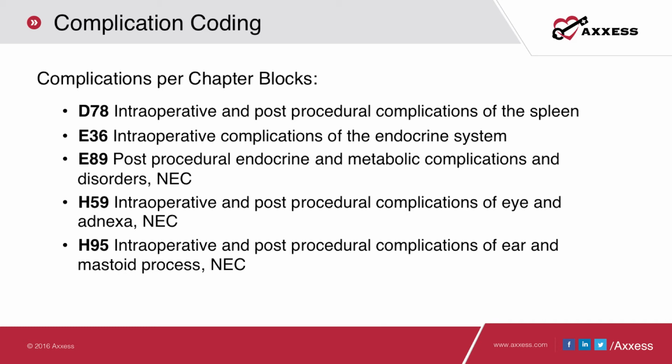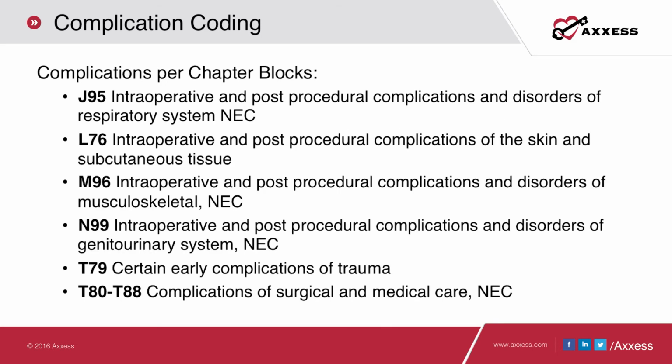I just want you to see that each chapter does have a section of intraoperative or post-procedural complications of that body system. As you can see on this slide, we're going through the rest of the chapters in the books. Just to illustrate again, each body system has its own intraoperative and post-procedural complications, even down to the early complications of trauma.